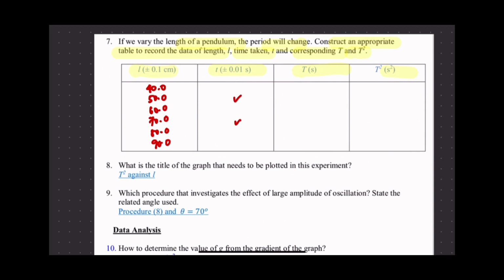Then you find the time; usually we take 2 times: time 1, time 2 and time average. After that, find the period: period equals time average divided by the number of oscillations. After that, you get T squared by squaring the period you obtained.